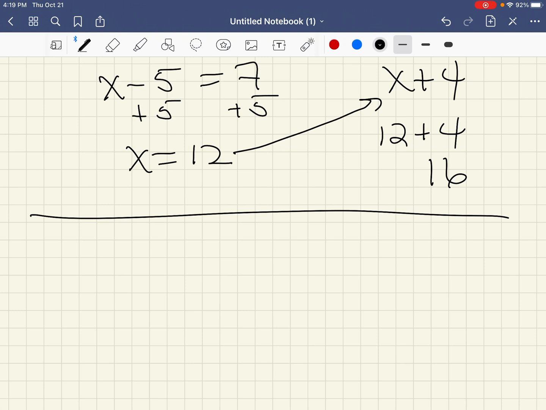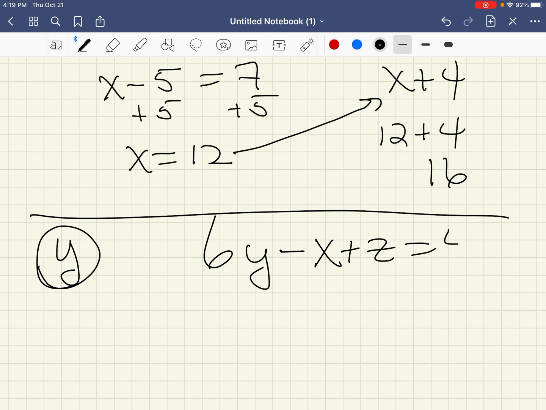The first example, it says solve for y. So I always write the variable and circle it so I don't get confused and accidentally solve for the wrong variable. So if I'm solving for y, it means I need to leave this guy by himself and get rid of all the rest of this. So to get rid of it, I'll add x to both sides, subtract z from both sides.